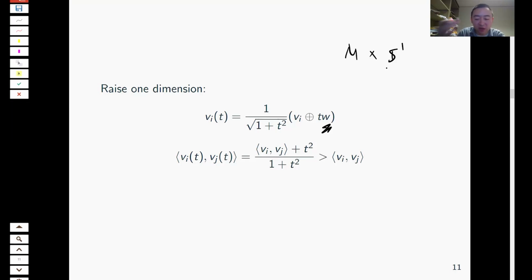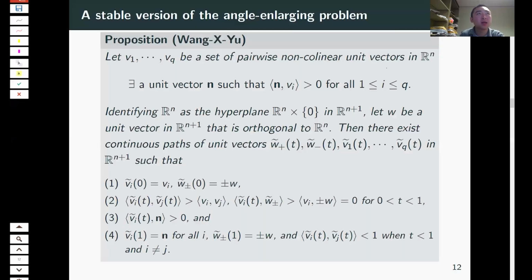So now let me give what we think is the right interpretation of the way to raise one dimension. This we call a stable version. So still we work on the vectors V1 to VQ, and we have the vector n just as an analog of the convexity.